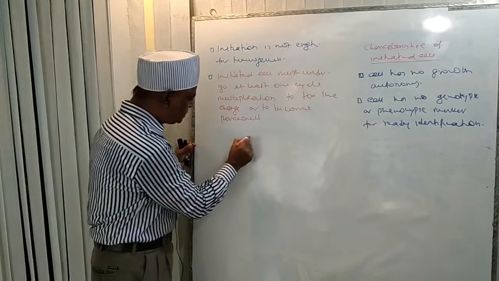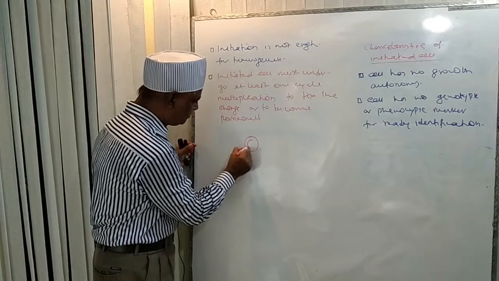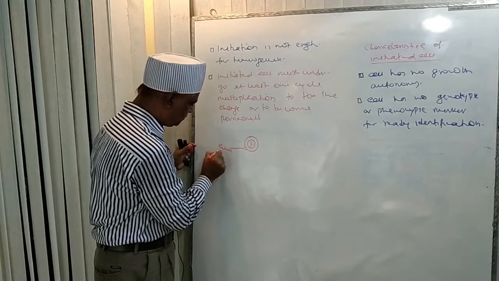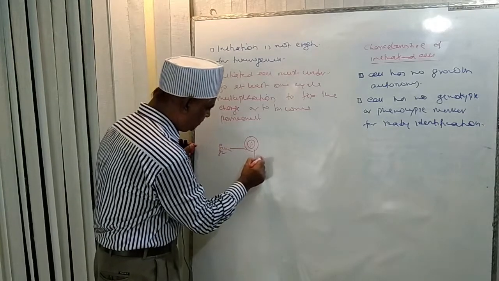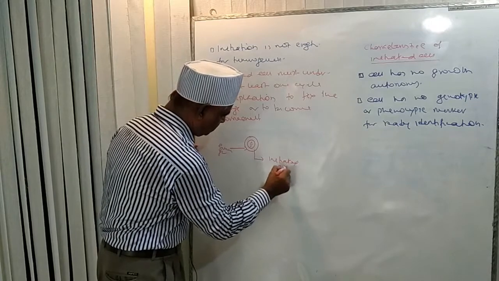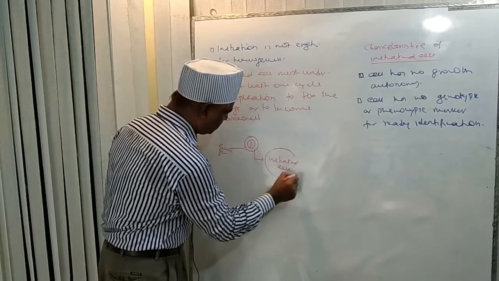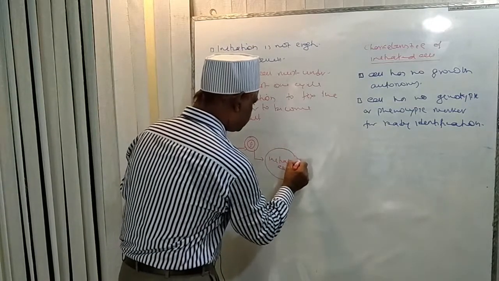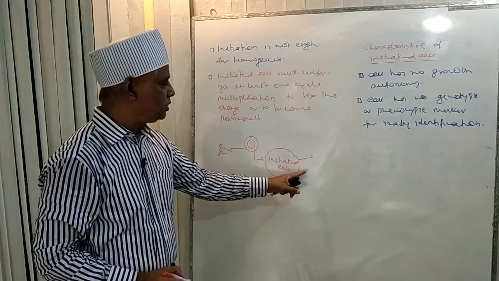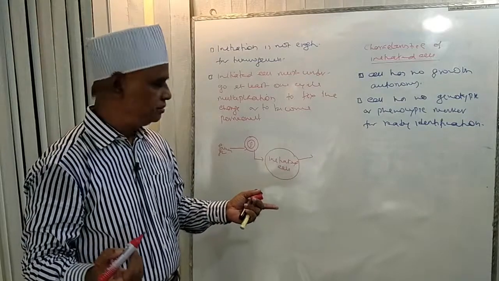Suppose this is normal cell and on exposure to carcinogen, the cell becomes initiated with genetic mutation. This cell alone is not capable to produce growth.